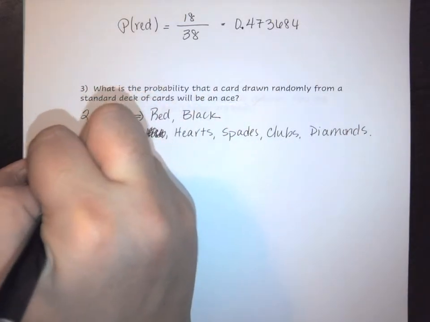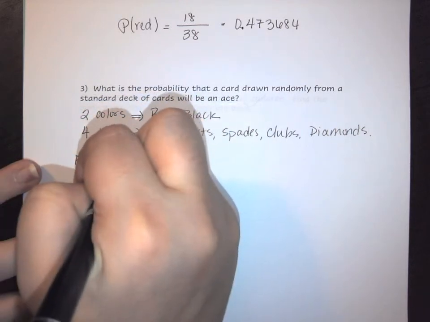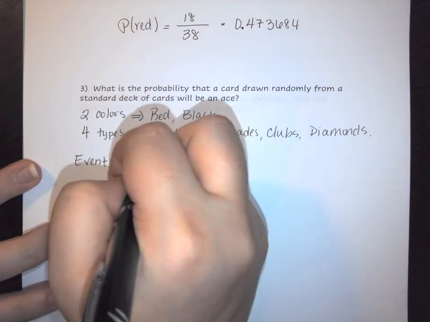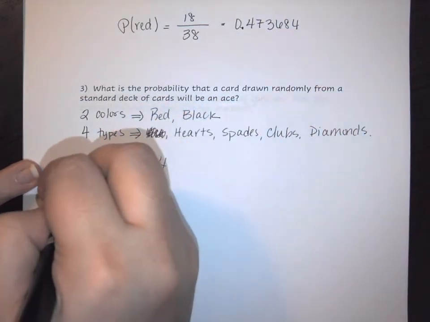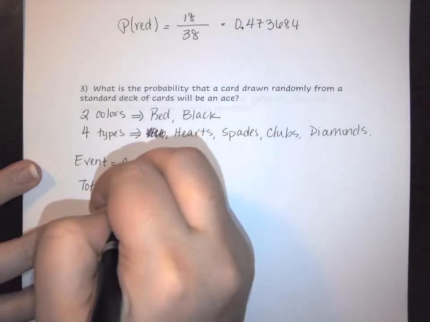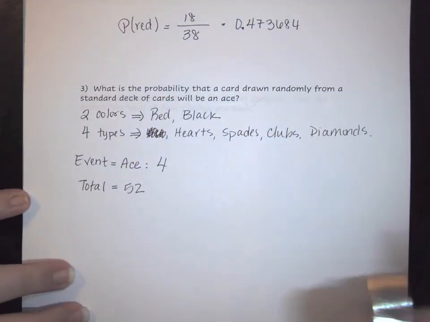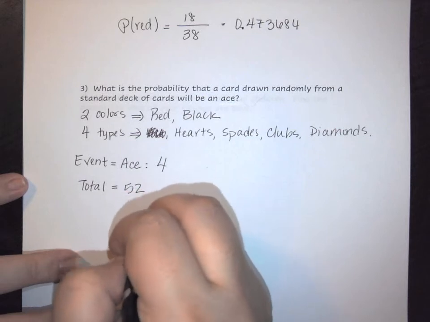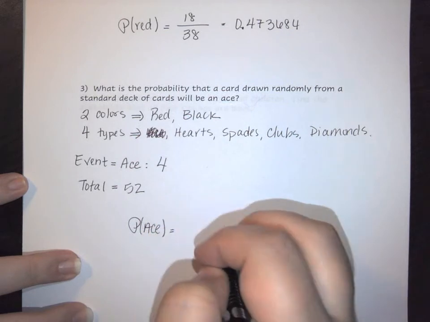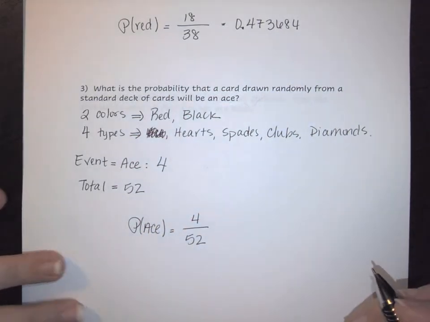So here, when we look at the event, my event is going to be aces, which we know there are 4 of. Now, my number of outcomes is going to be my total, which is 52 cards in a deck. Okay, so in order to find the probability that we're going to draw an ace, it is going to be the number of aces in the deck versus the total number of cards in the deck.